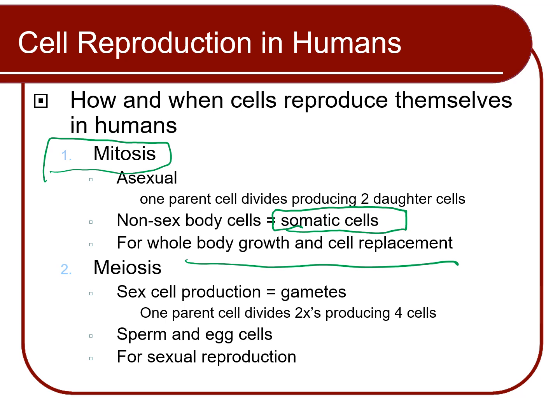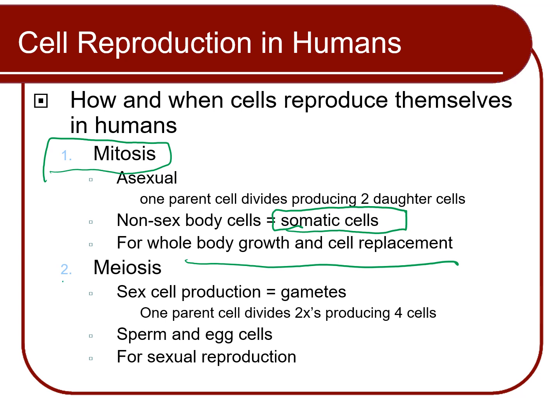Also, when you make new skin cells, you make new blood cells. If you damage a tissue, like you get a cut and you have to make new cells to replace them, that's all done by mitosis. And that's what we're going to talk about in detail.